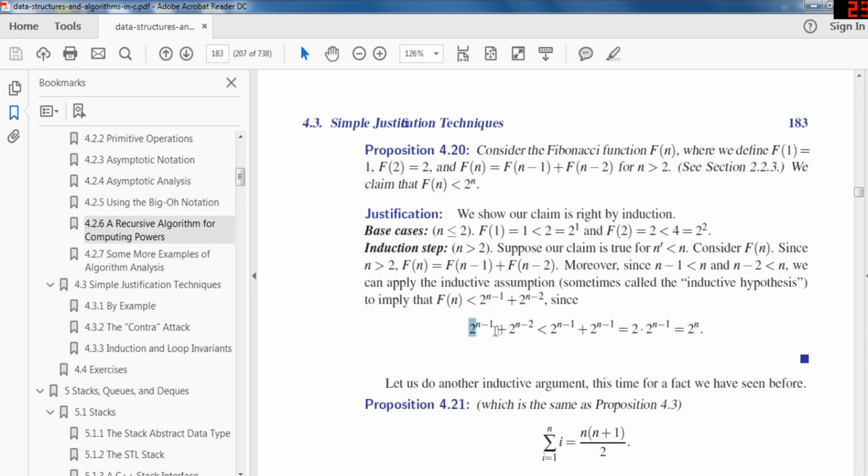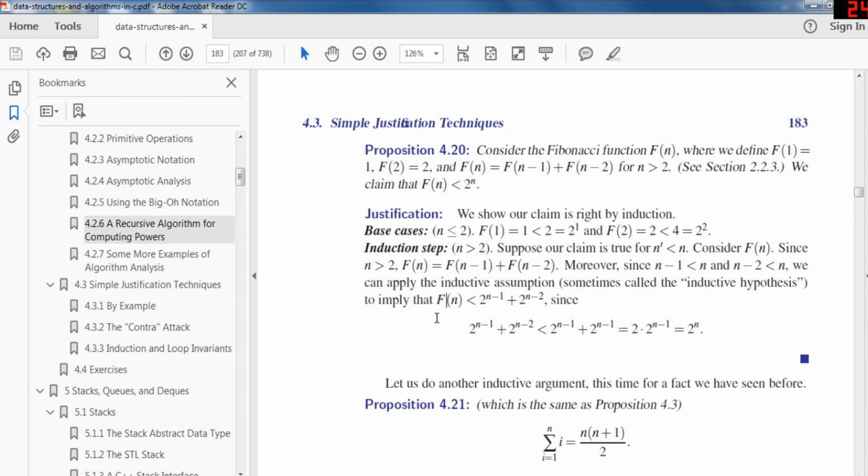And since 2 to the n minus 1 plus 2 to the n minus 2 is less than 2 to the n minus 1 plus 2 to the n minus 1, that equals 2 times 2 to the n minus 1, which is equal to 2 to the n. And so because of this, you can prove that f of n is less than 2 to the n. I might not be explaining this correctly, but I hope you guys understand.